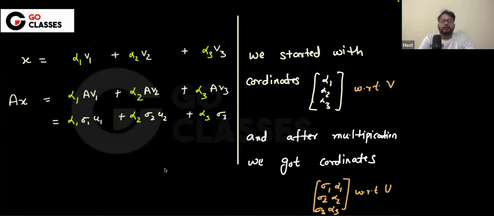That if you multiply by the A, you are getting like this. And what does this mean? That earlier you started with the basis of b1, b2, b3. Now you are getting alpha 1 sigma 1, alpha 2 sigma 2, alpha 3 sigma 3 with the basis of u1, u2, u3, right? With the basis of U. Great.